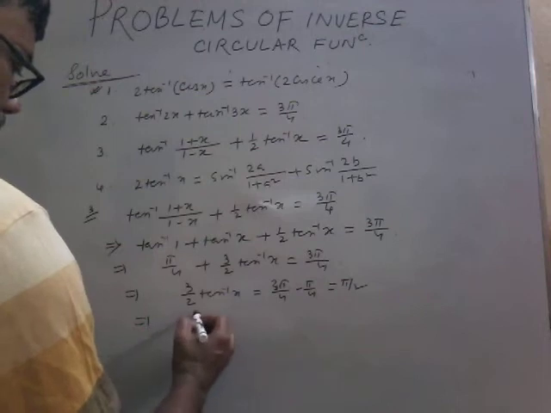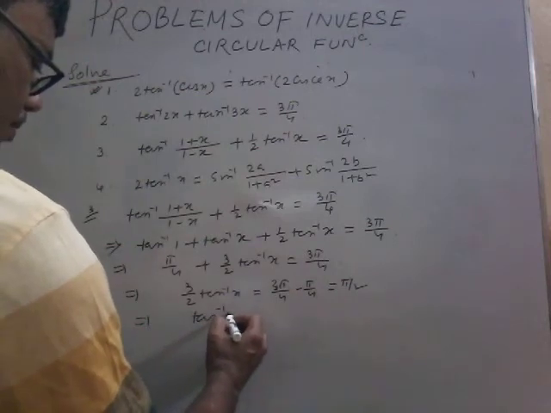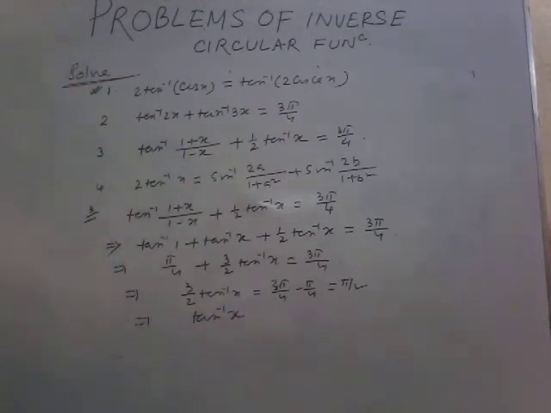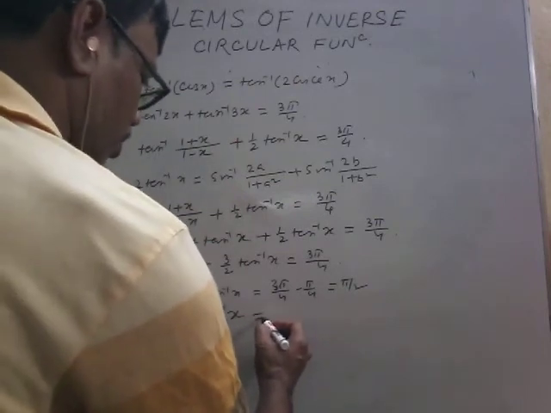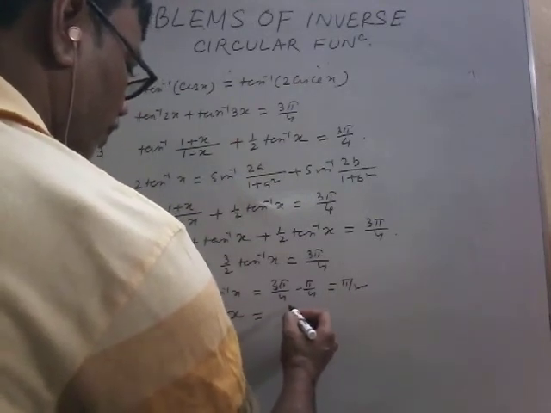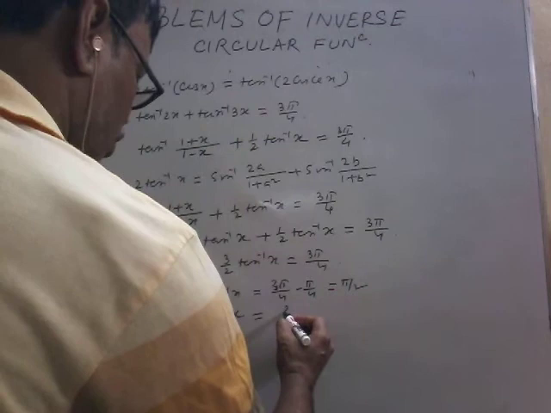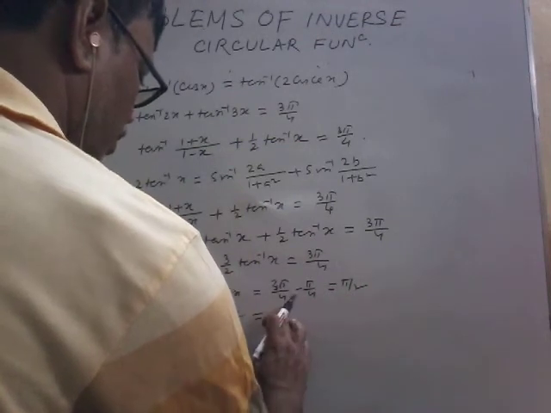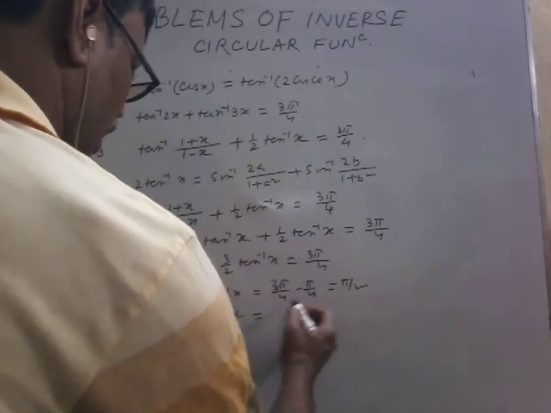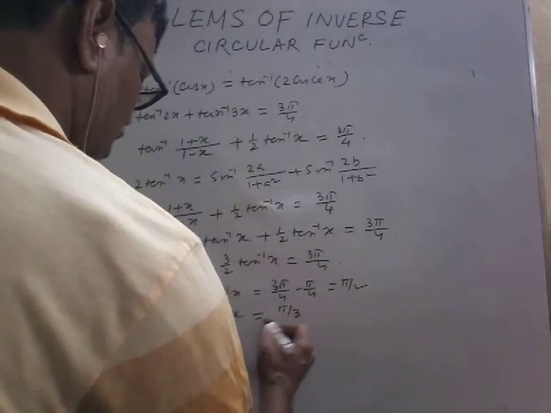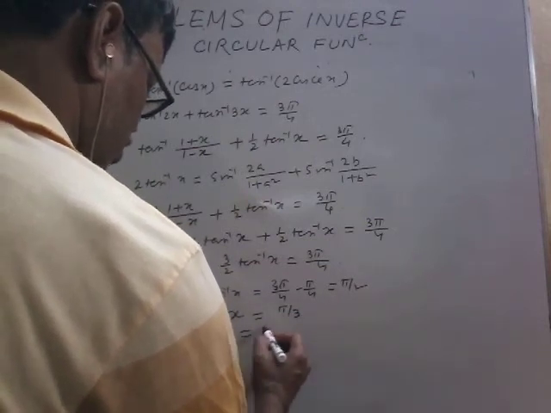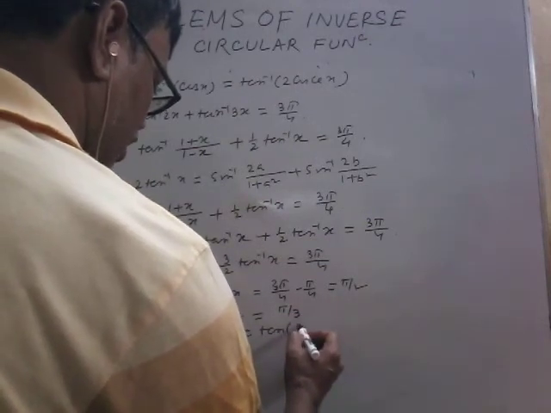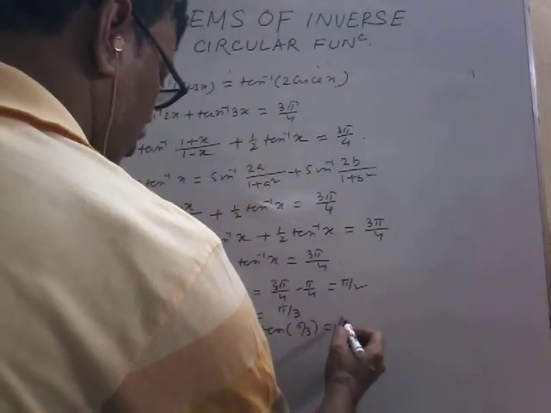So what is tan inverse x? Tan inverse x equals, 2 pi by 2 cancel, pi by 3. So x equals tan pi by 3, which equals root 3.